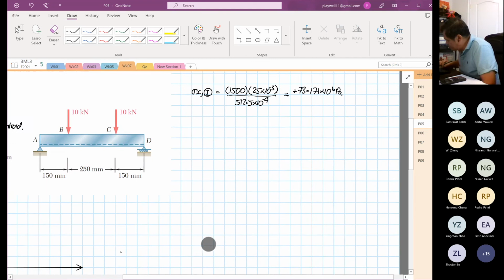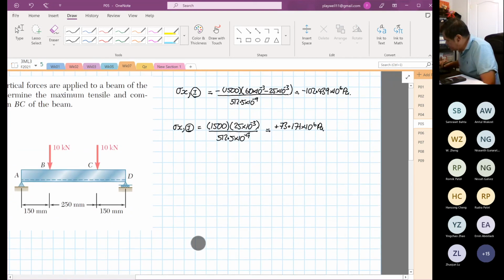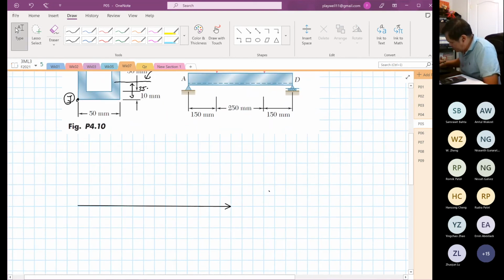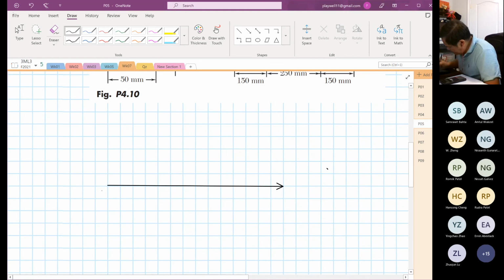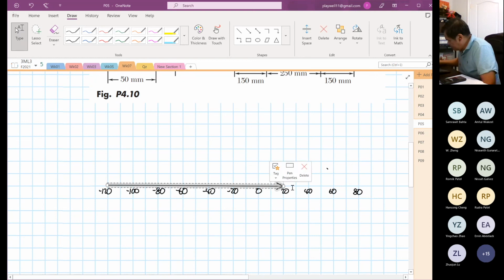Our stress values range to about 120, so minus 120, 100, 80, 60, 40, 20, 0, 20, 40, 60, 80. This is our normal stress in the x direction.